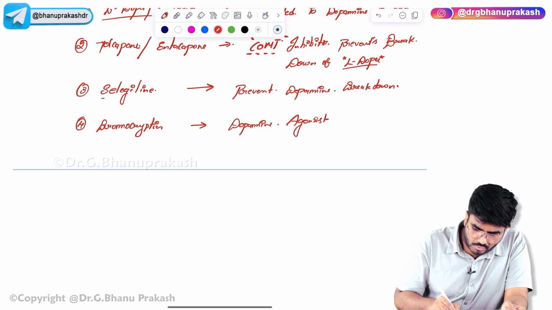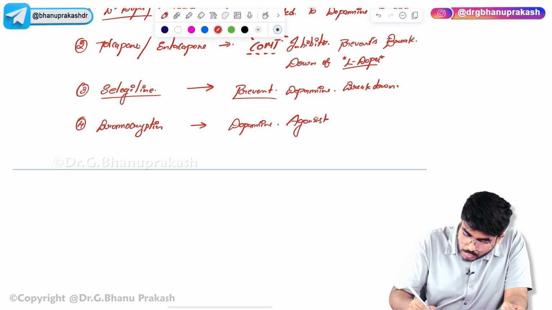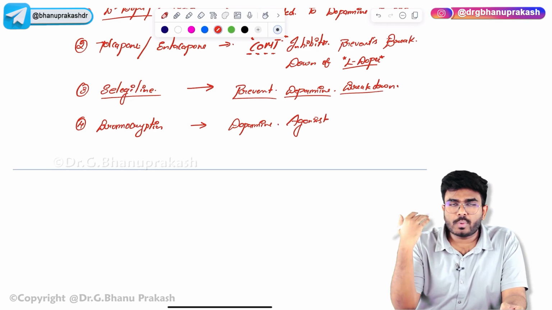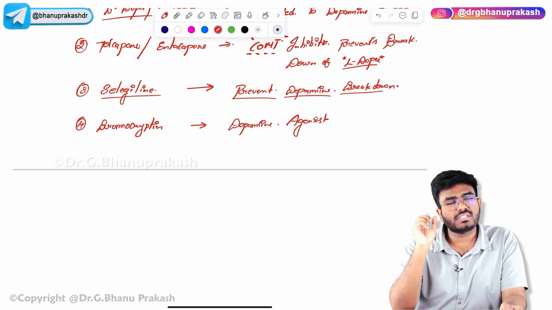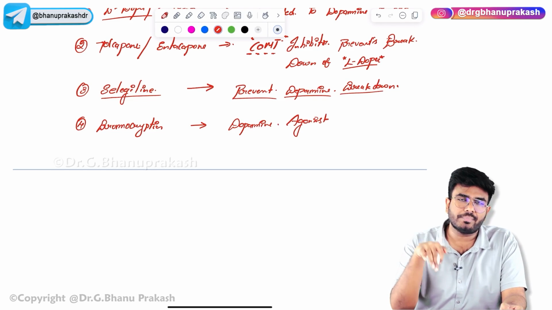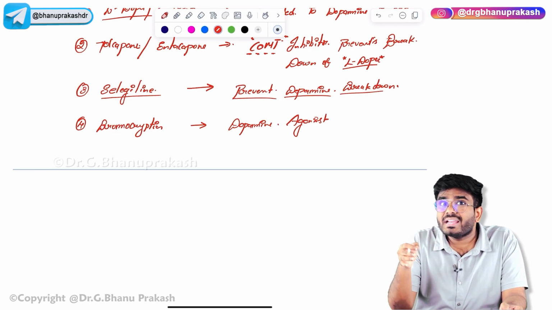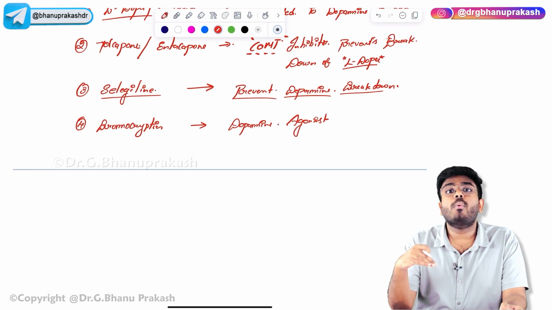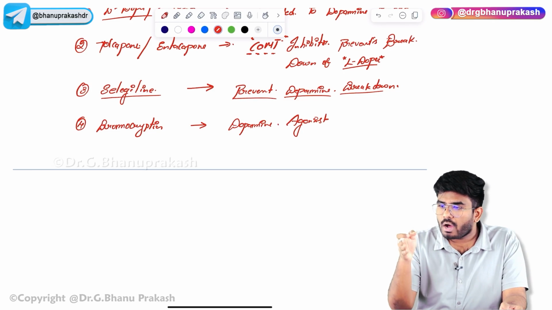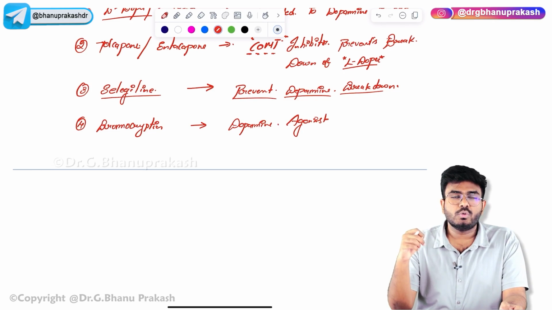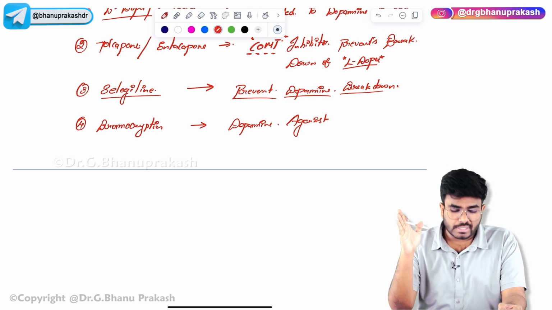Selegiline prevents the dopamine breakdown. Yes, the L-dopa is going into the body, entering the central nervous system, and getting converted into dopamine. But dopamine will be broken down with the help of monoamine oxidases. There are things called MAO inhibitors. The MAO is going to break down the dopamine, so you have to prevent the breakdown of dopamine.